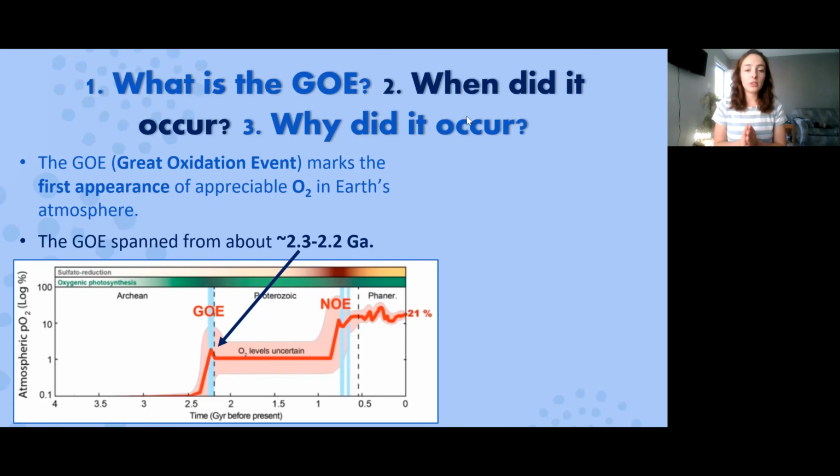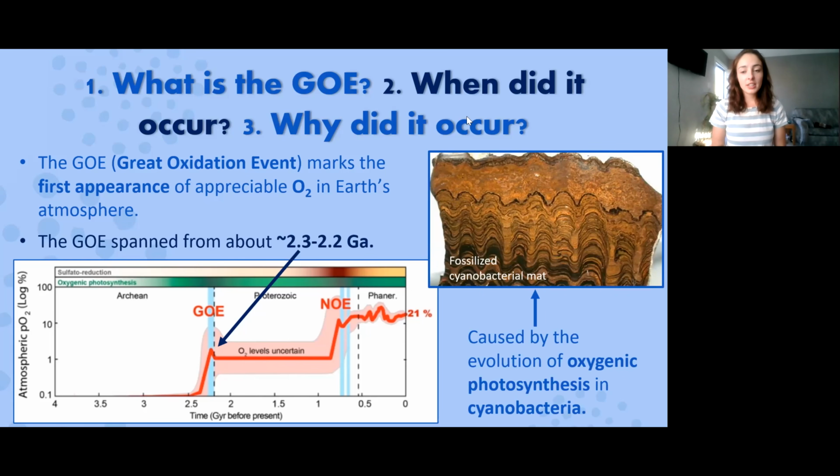That's when we know it was accumulating. It wasn't a snap of the finger event. It was over a pretty long time, especially on human timescales. But on a geological timescale, it was a pretty sharp event, which is why we call it the Great Oxidation Event.